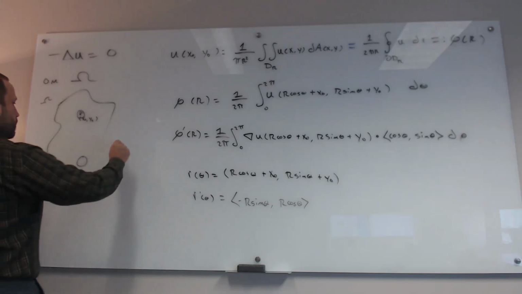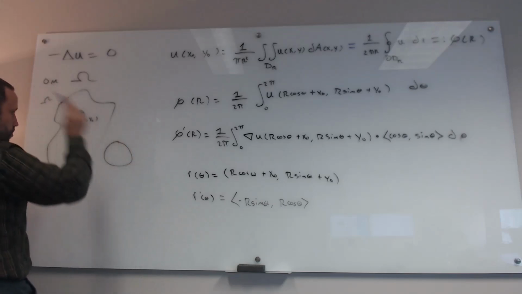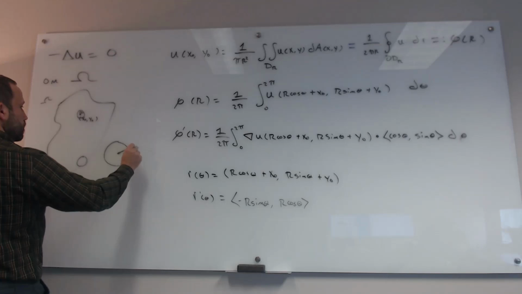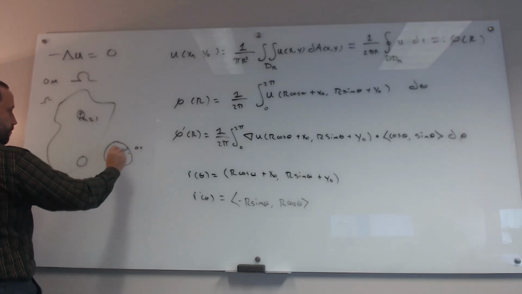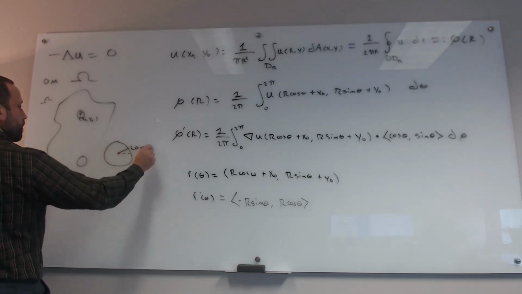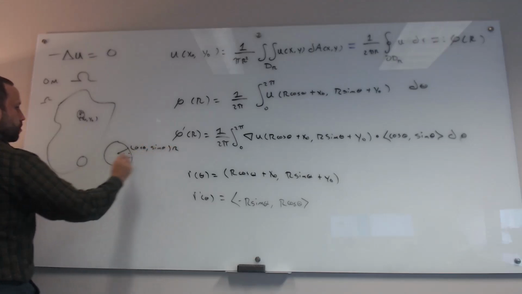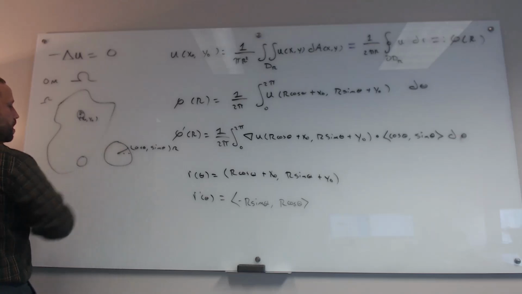But another way to think about this is if you have a circle, this point right here, the vector going from there to there is cosine theta sine theta times the radius of the circle.